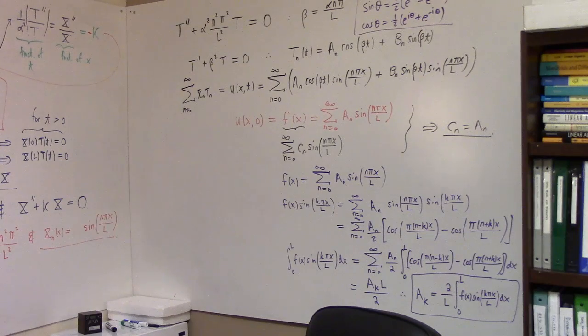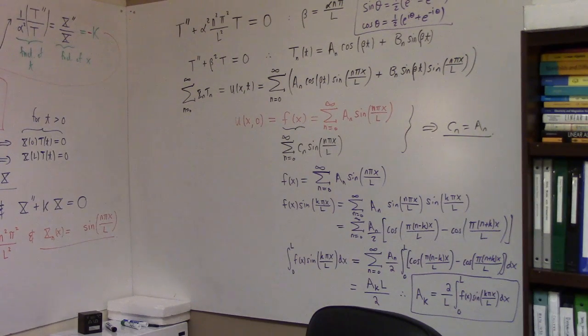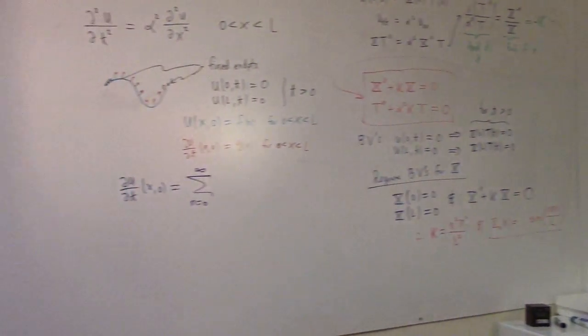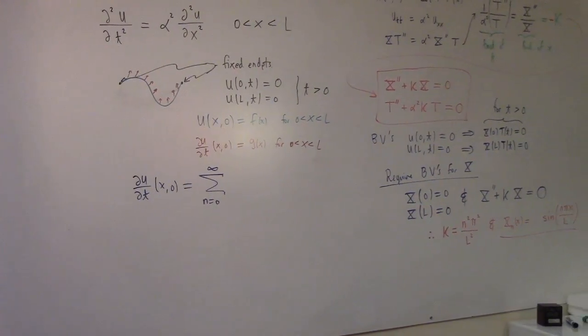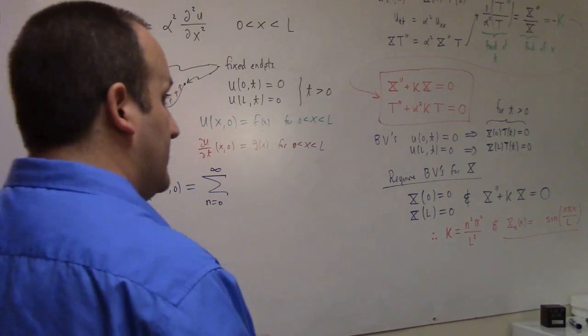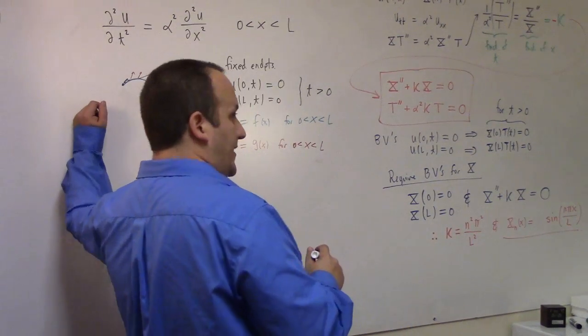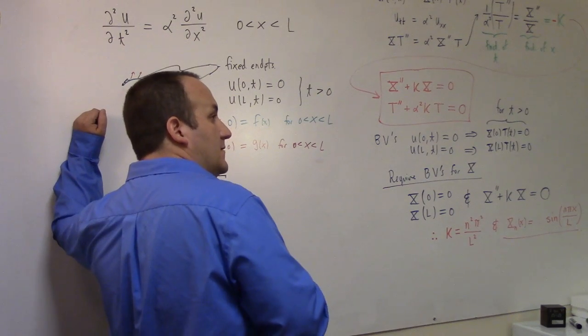Partial u, partial t at x, 0. I don't want to write it all out, but it's fairly obvious what I'm doing is legit, if you just go through the calculation a little bit. We have the sum from n equals 0. You tell me, what should I write here? The camera can't see it, but you can.